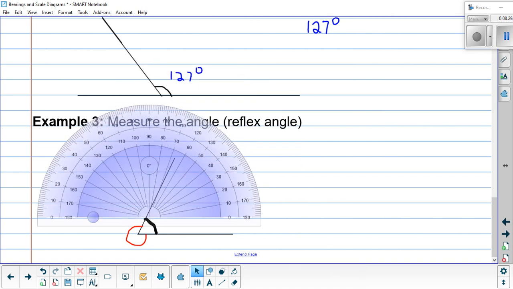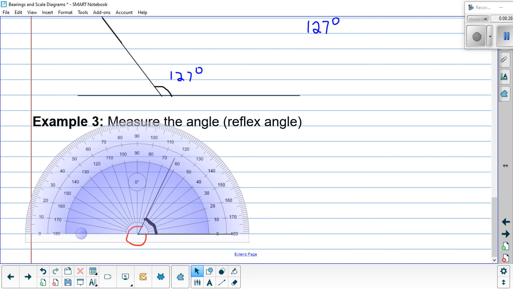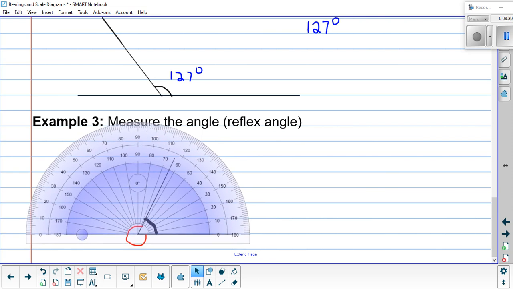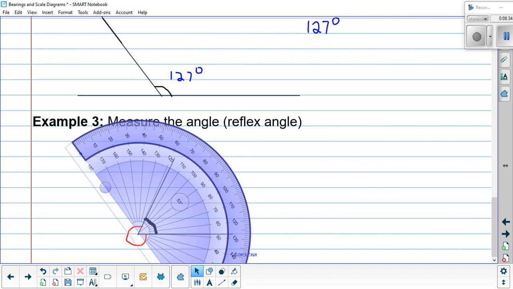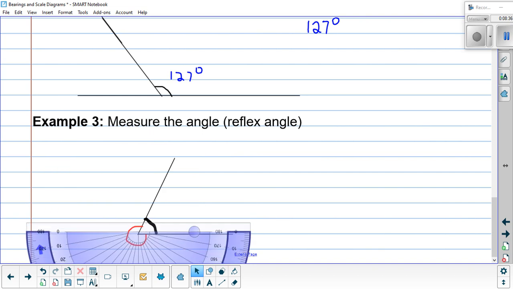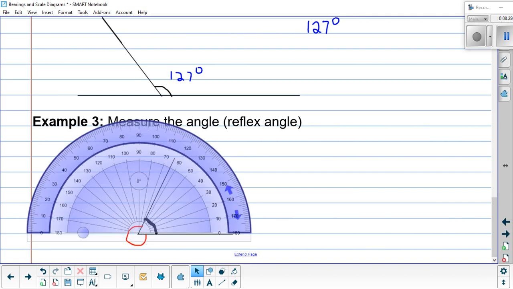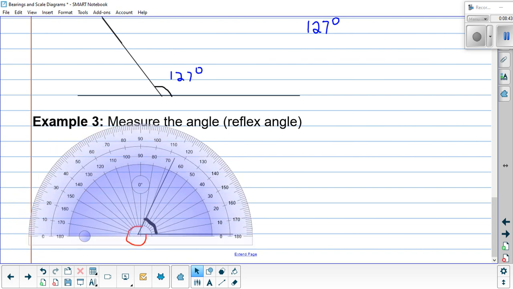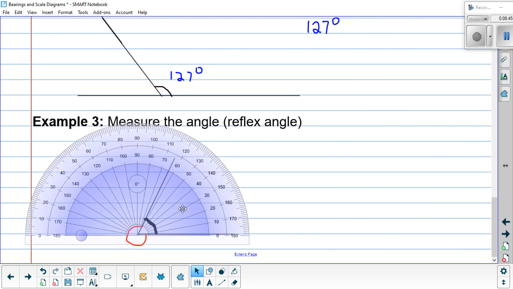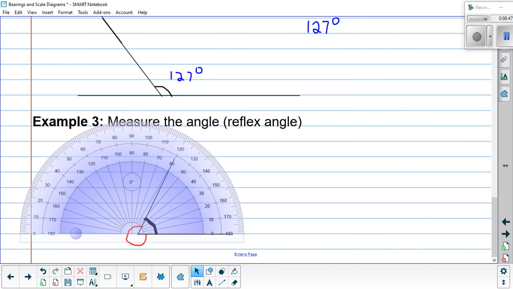Because no matter what, you're going to have to do some maths one way or the other. This is the way I like doing it. Instead, you could flip your protractor upside down and then measure, or you could have it here. You can measure the opposite angle, but anyway, you're going to measure one of a matching pair of angles that equal 180.